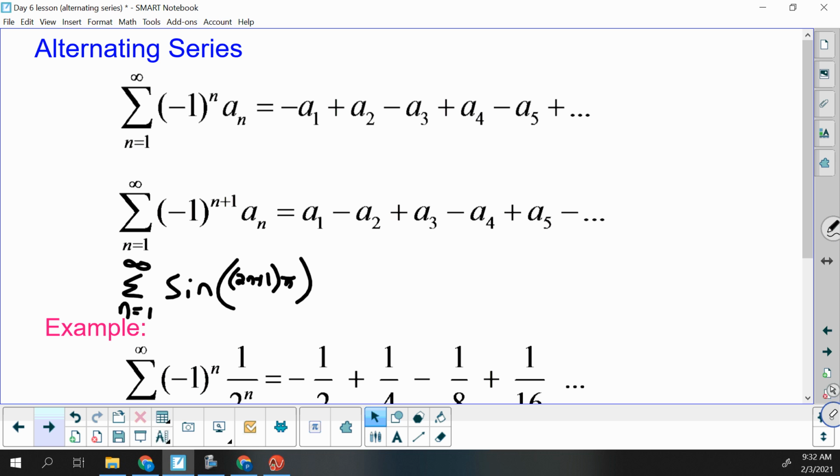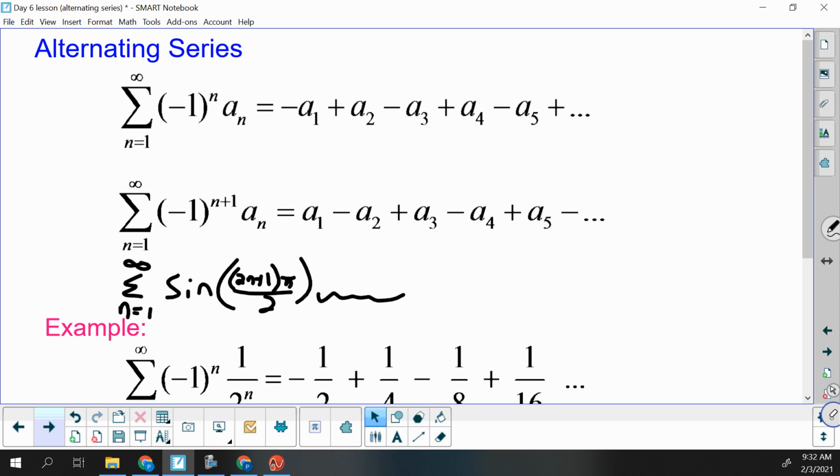So the 2n plus 1 will make sure that we always have either a 1 or a negative 1. And then you could have some other stuff after this too. But like when you sub in 1, you would get, sorry, I want that over 2.